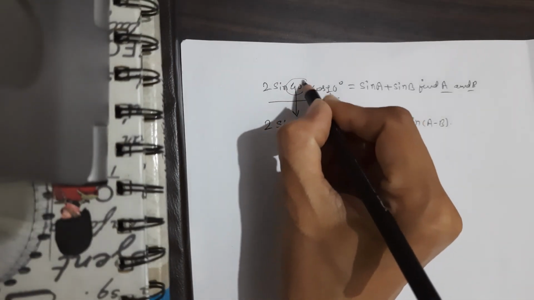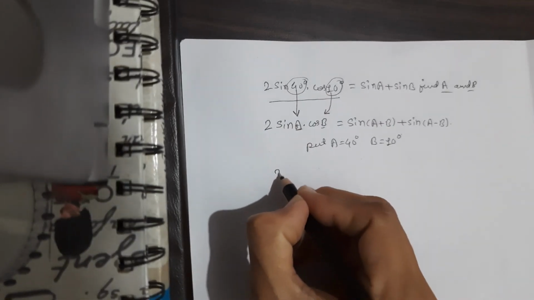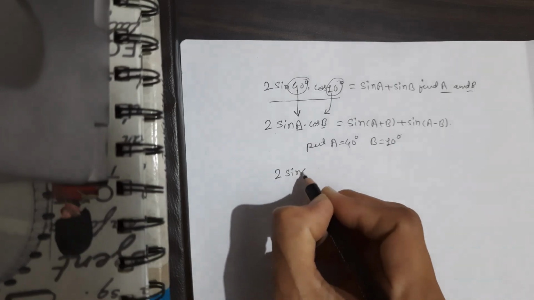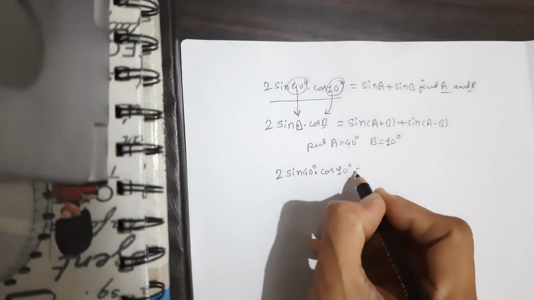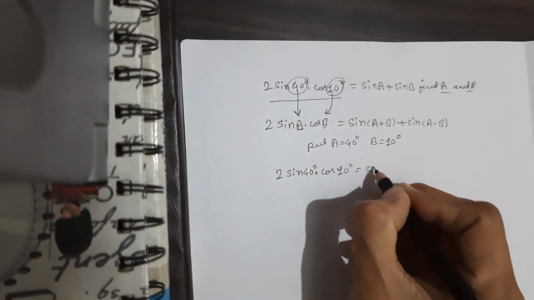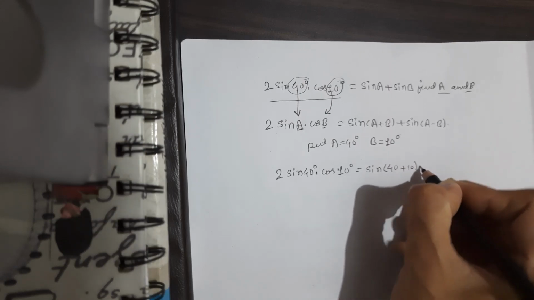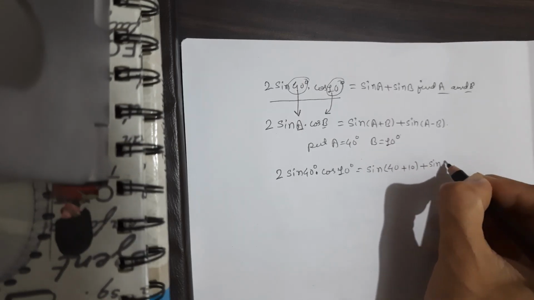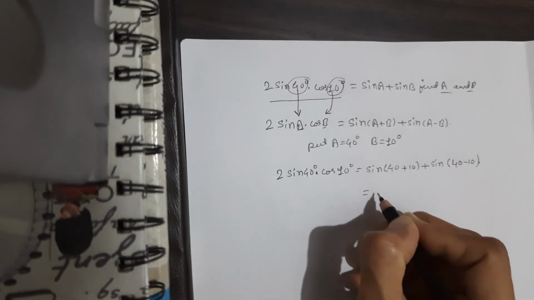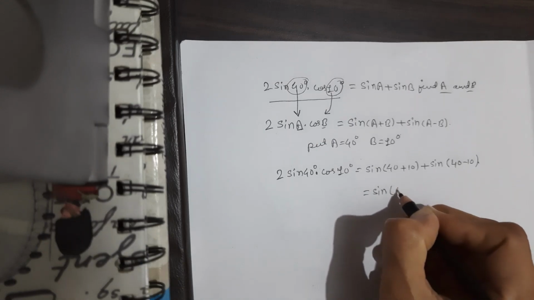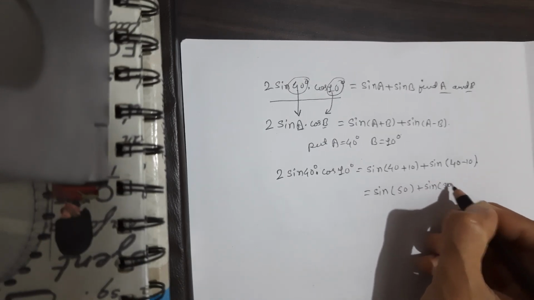So what will I get? 2 sine 40 into cos 10, which is my LHS, equal to sine 40 plus 10 plus sine 40 minus 10.